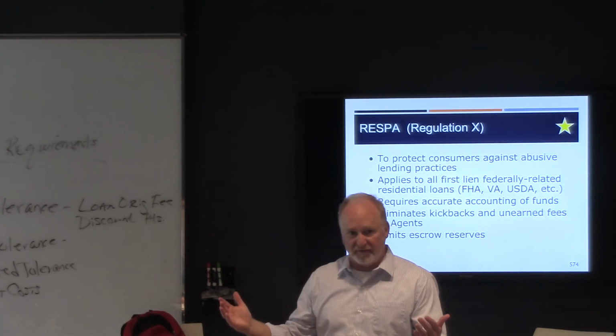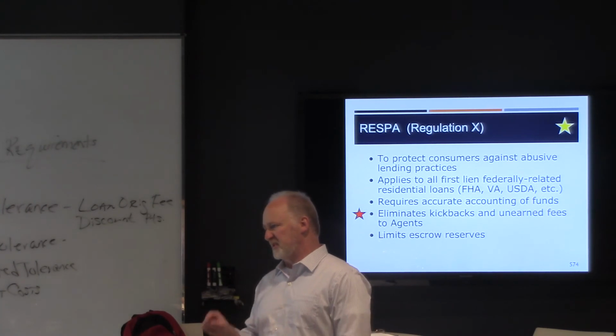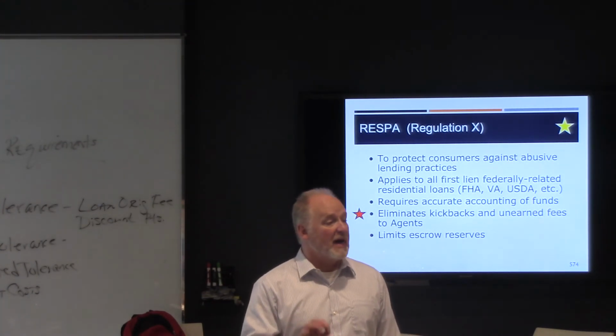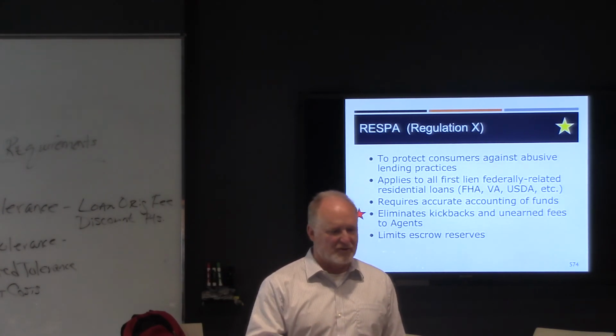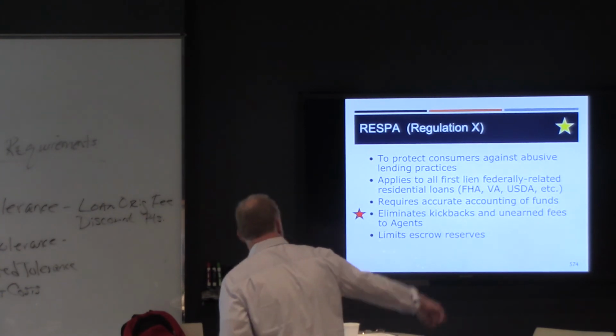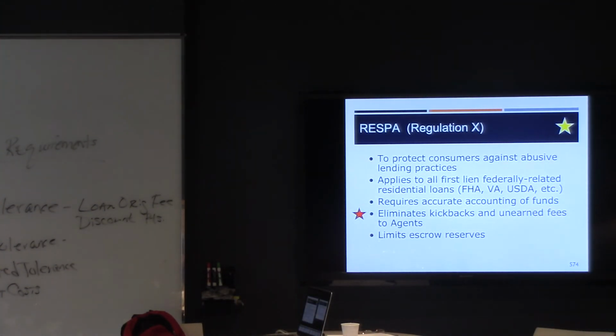Got it? You're fully informed now. The other thing that RESPA does, which is kind of interesting, is RESPA is the law that prohibits kickbacks between settlement service providers. RESPA is the law that actually has a red stop sign. It eliminates kickbacks between settlement service providers.